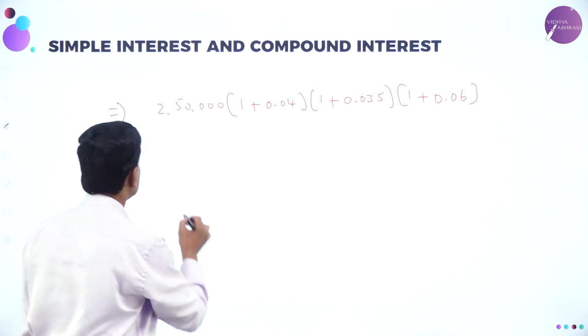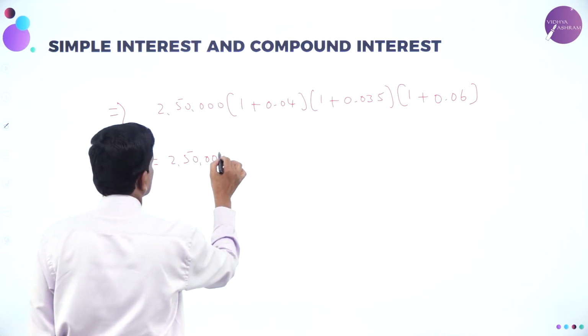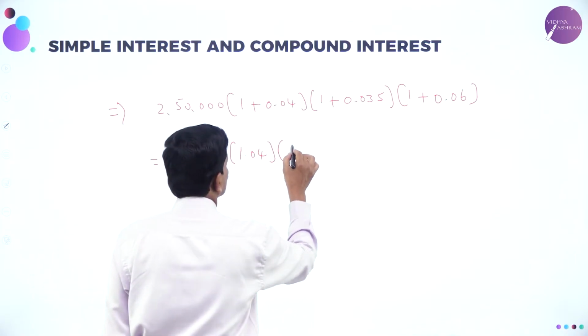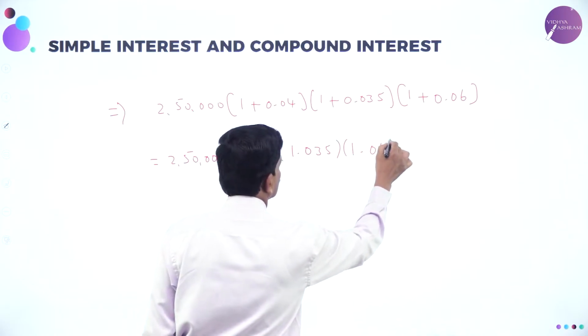Now let us simplify this. So this is equal to 2,50,000 into 1.04 into 1.035 into 1.06.